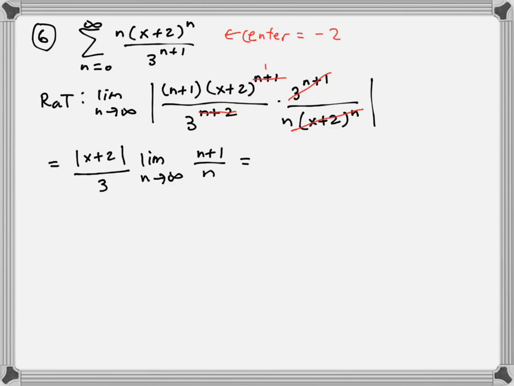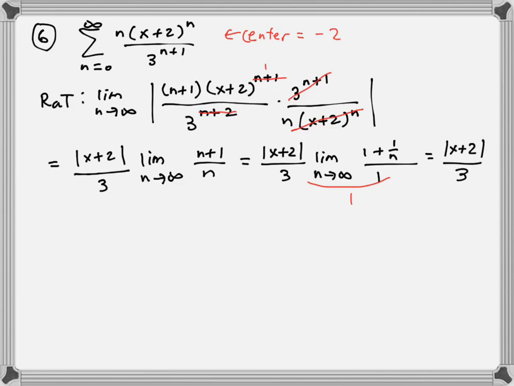Okay, we've done this before, right? This is x plus 2 over 3, limit as n goes to infinity. If we divide top and bottom by n, we get 1 plus 1 over n over 1. But this limit is 1, and so this just gives us the absolute value of x plus 2 over 3.